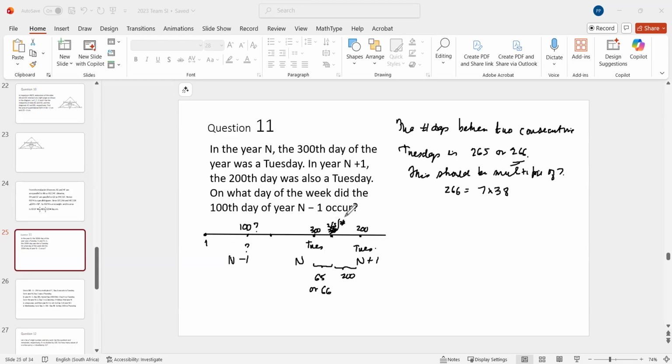It means up to 365 or 366, depending on whether it's a leap year, it happens to be 366 days. So this is a leap year. N is a leap year, because it has 366 days.